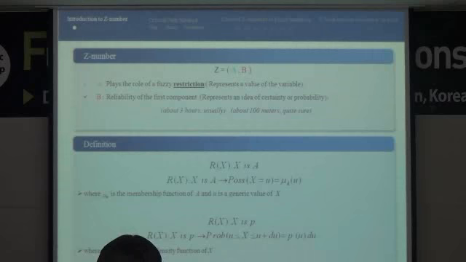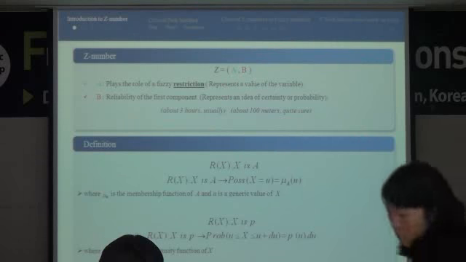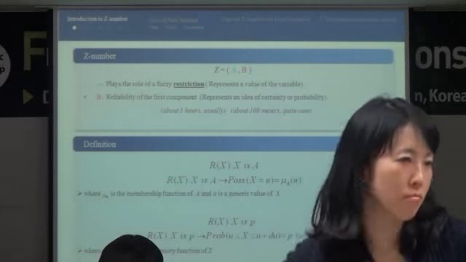Z number is intended to provide a basis for computation with numbers which are not totally reliable. And this is a pair of two fuzzy numbers, A and B. And for simplicity, both of them are assumed to be trapezoidal or triangular fuzzy numbers.